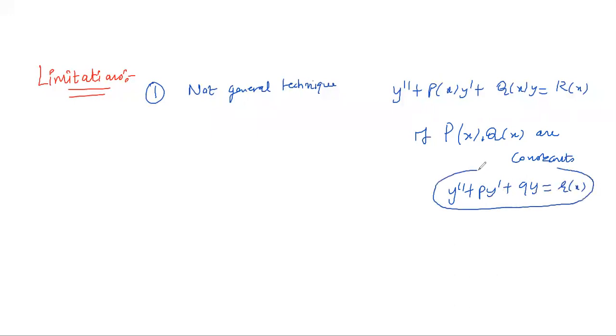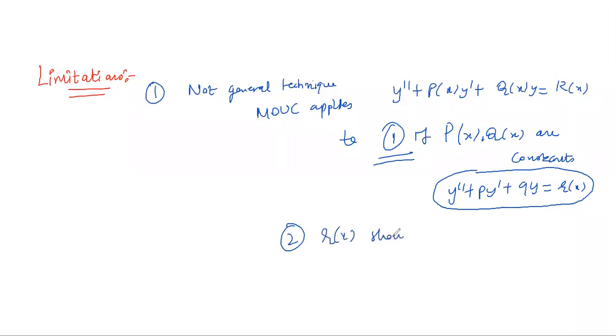So the first limitation is that the method of undetermined coefficients applies only when they are constants. You can see all the examples we have done have constants on the left hand side.